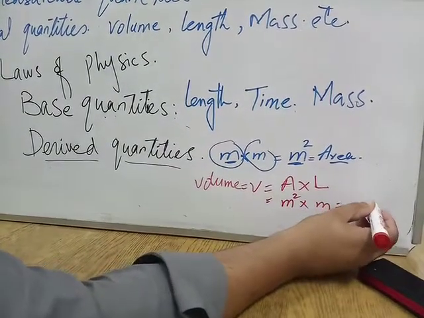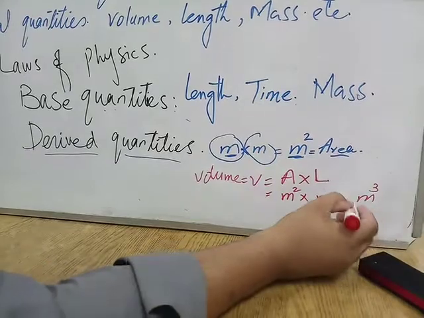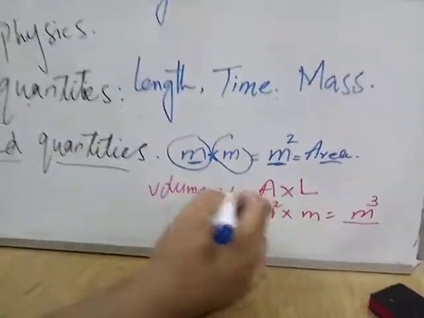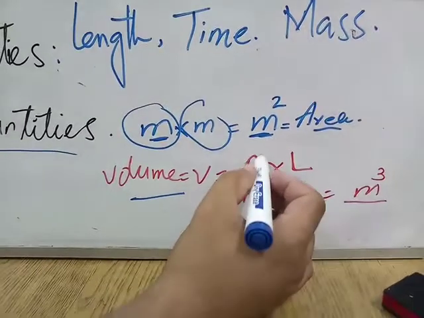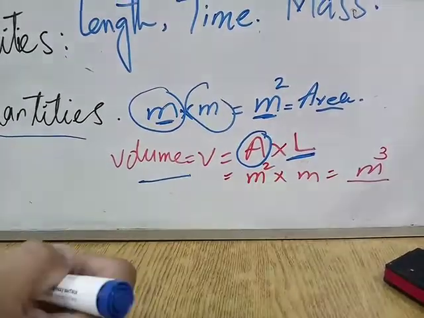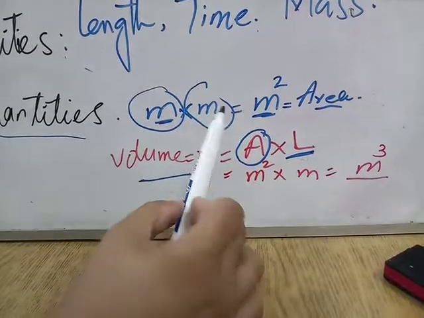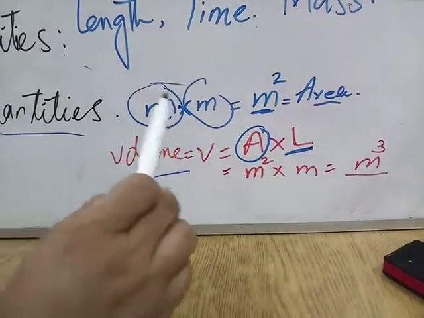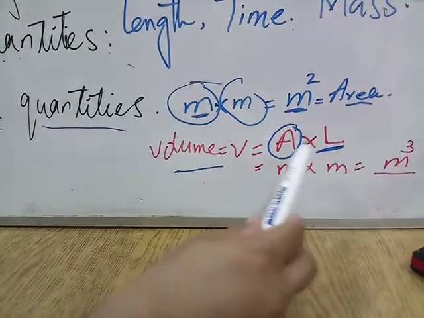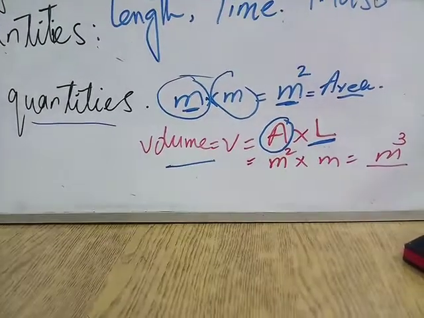So here a new quantity is formed, meter cube. So you can say that volume is a combination of one derived quantity and one base quantity. So here we cannot say that only the combination of base quantities gives us a derived quantity, but the combination of derived and base also gives us a derived quantity.